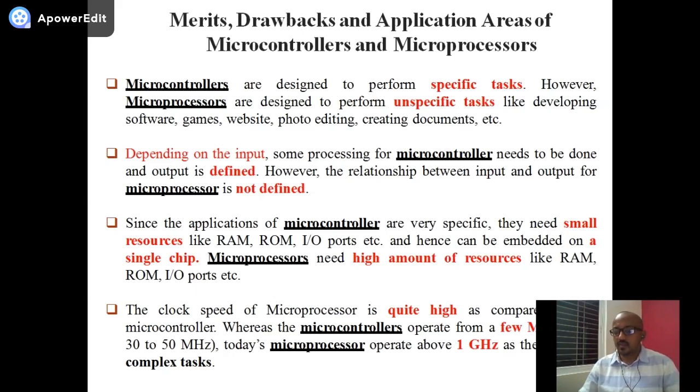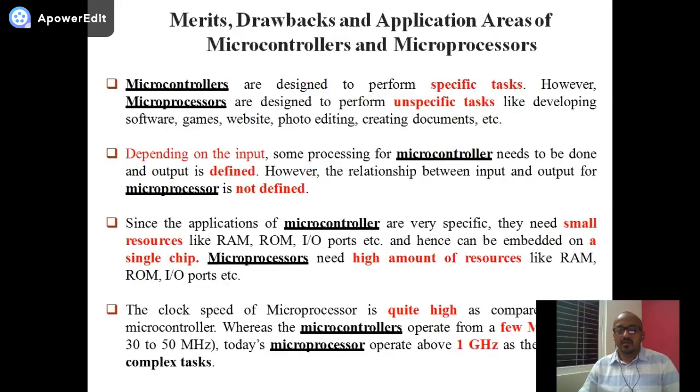For example, the 8051 is a microcontroller. On chip it has 4 kilobytes of ROM, 128 bytes of RAM and 4 ports. With the 8086 microprocessor we can connect 1 MB of RAM and ROM externally.